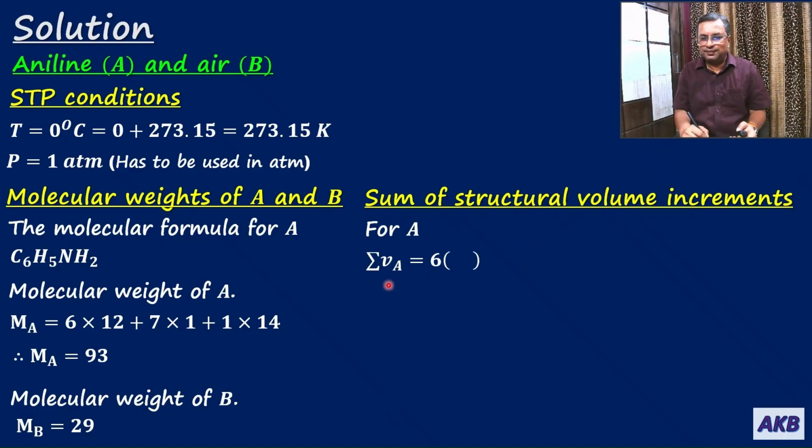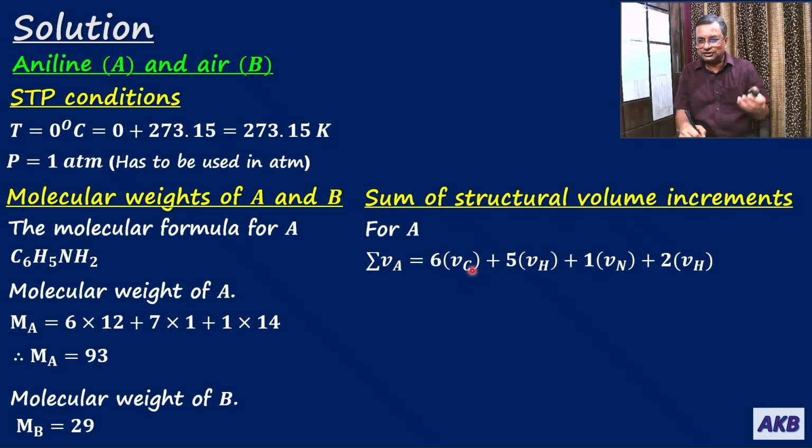Now the sum of structural volume increments. For E, summation V is equal to 6 into atomic volume of C, because there are 6 atoms of carbon, plus 5 atoms of hydrogen into atomic volume of hydrogen, plus 1 atom of nitrogen into atomic volume of nitrogen, plus another 2 atoms of hydrogen into atomic volume of hydrogen.